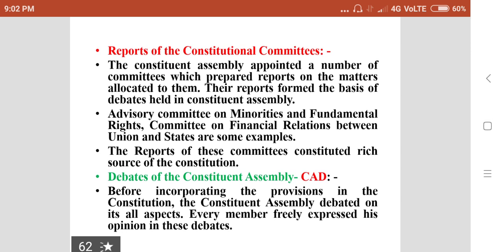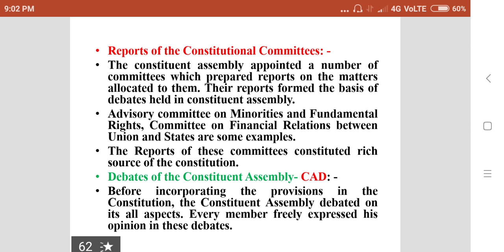Reports of the constitutional committees. The Constituent Assembly appointed a number of committees which prepared reports on the matters allocated to them. Their reports formed the basis of debates held in the Constituent Assembly.